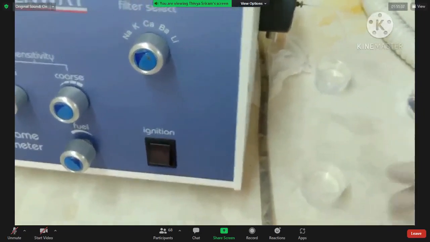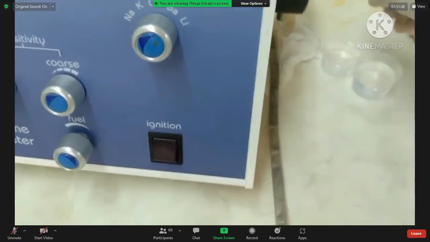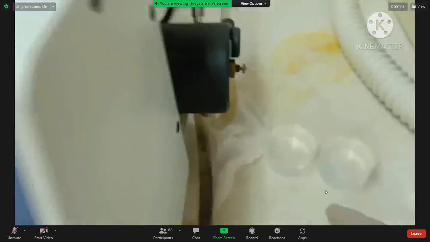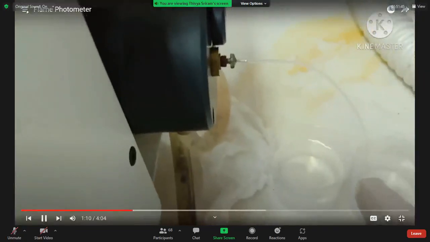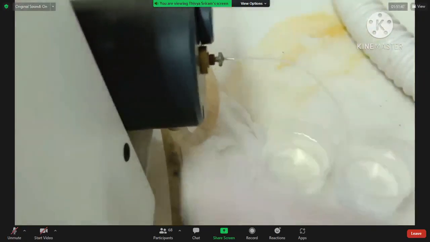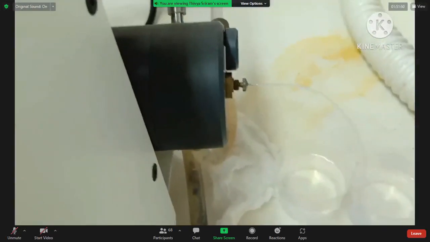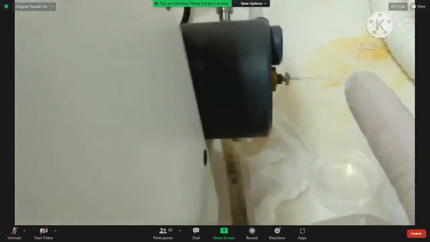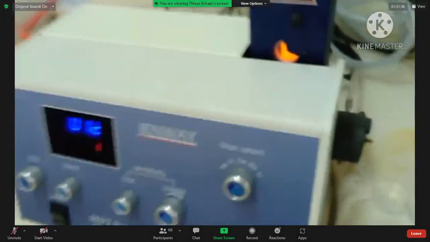And the next thing I will do is transfer the tube, because in this small tube is where our sample will be passing through. So it is where the samples will be introduced to the flame photometer.